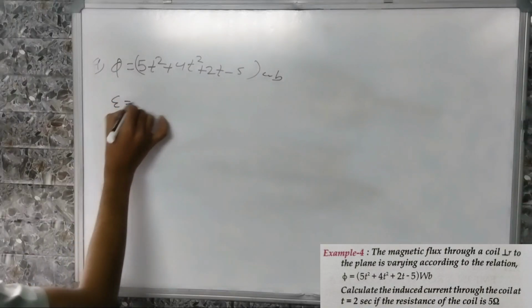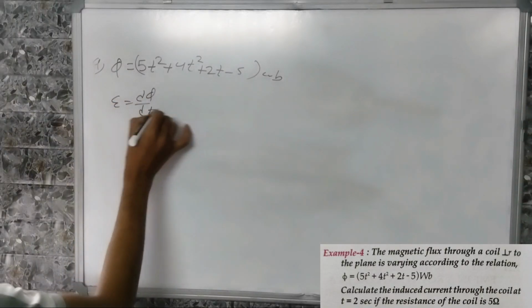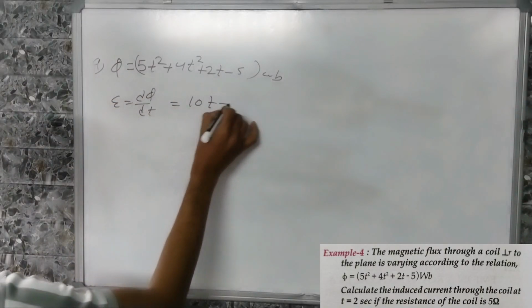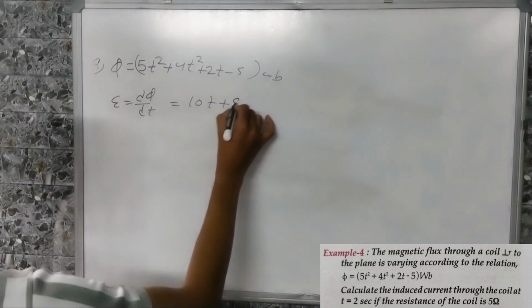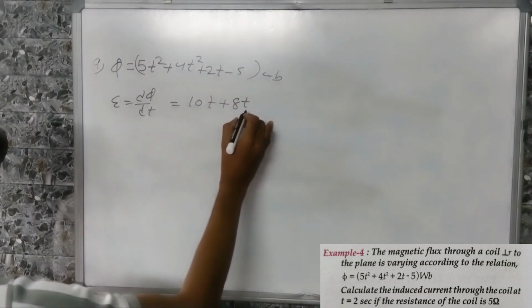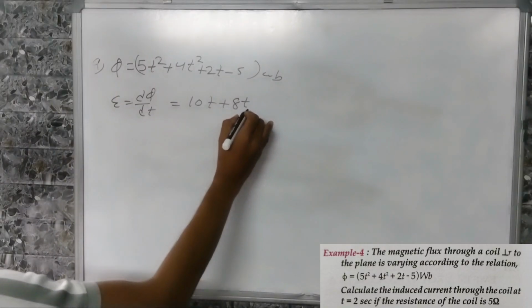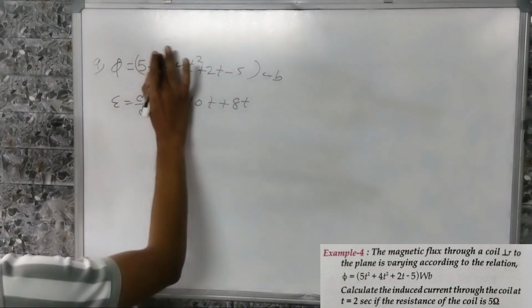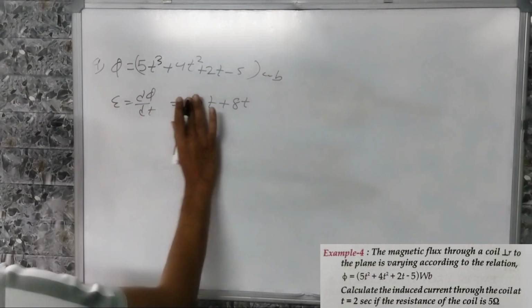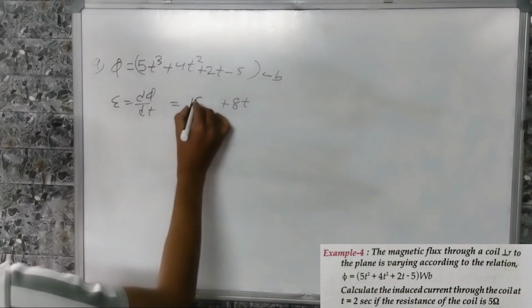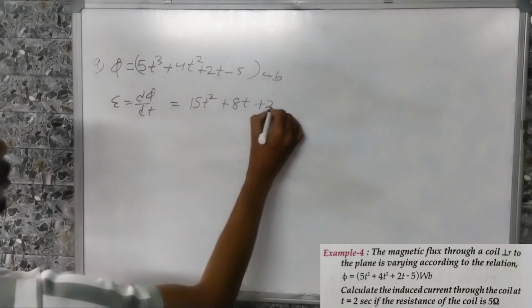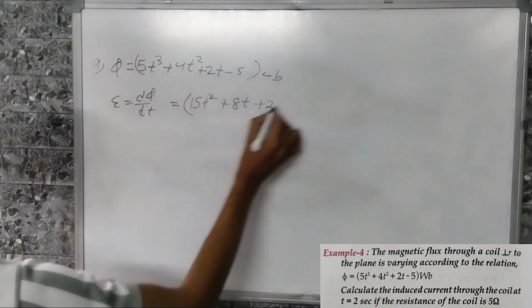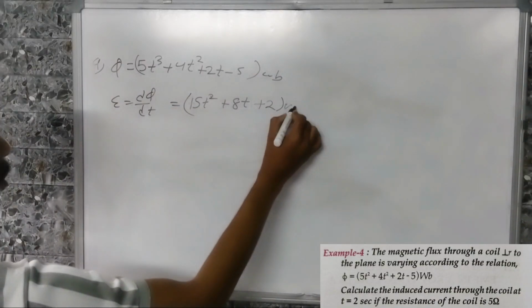So EMF is d phi by dt. So ये हो जाएगा 15t square plus 8t plus 2 volt.